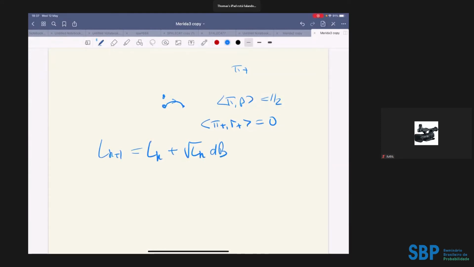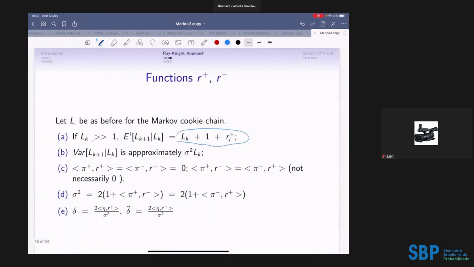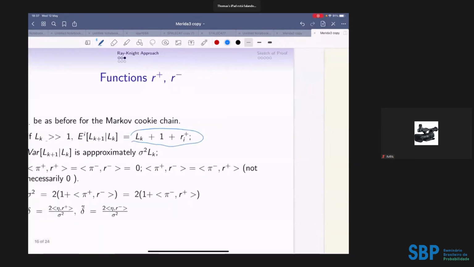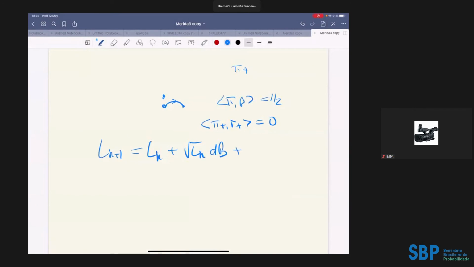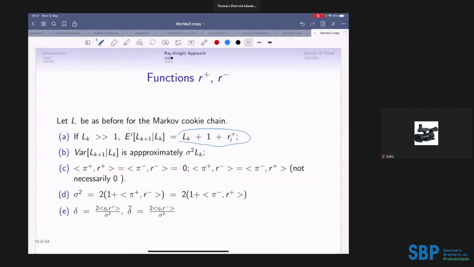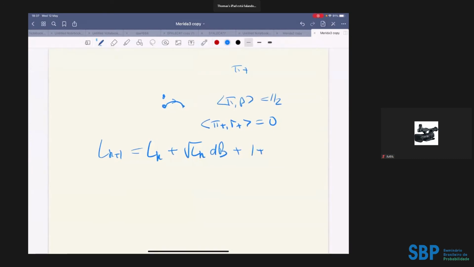This would have variance 1, or sigma. And you're going to have plus this number here, which I'm going to think of as 1 plus an R value, RKI. Think of it as dt.